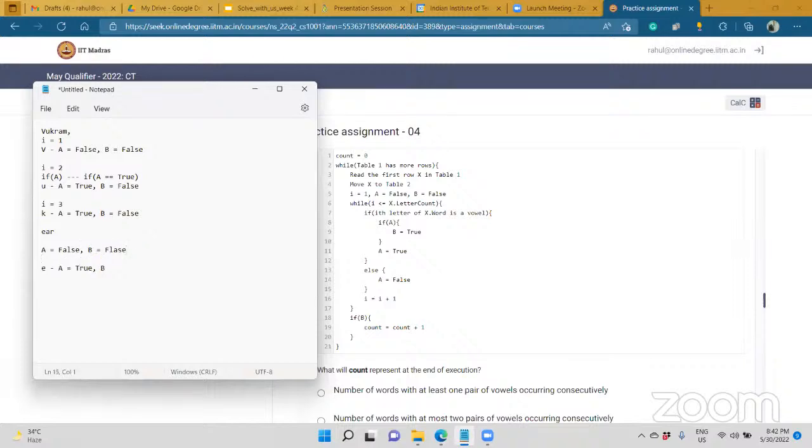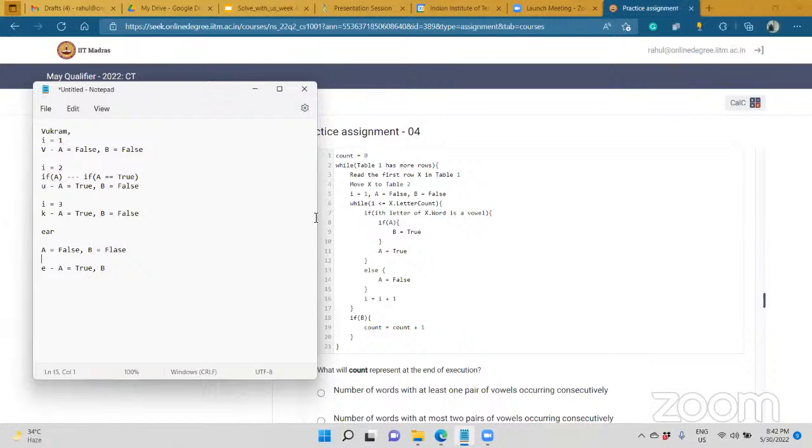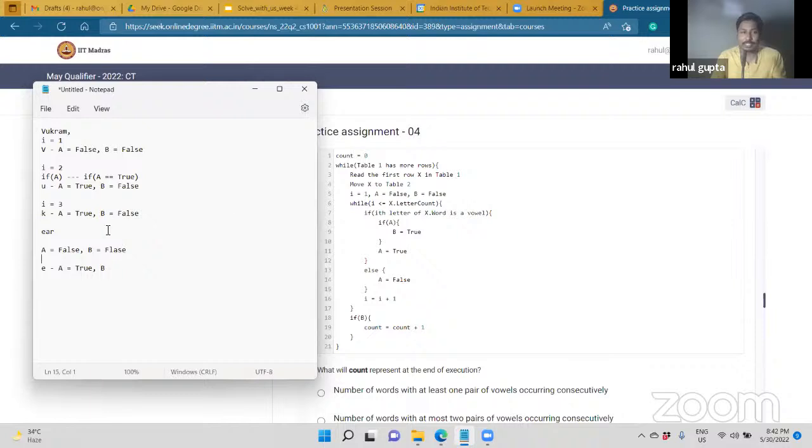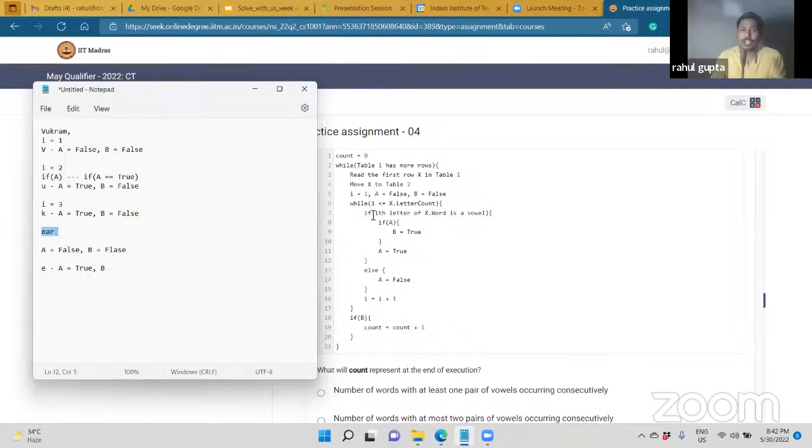Sukanya, go on. Again, line number 5, you told that A is false, B is false, right? Line number 6, the first letter is E. Is that right? Yes. After line 6, in line 7, you will check if E is a vowel or not.